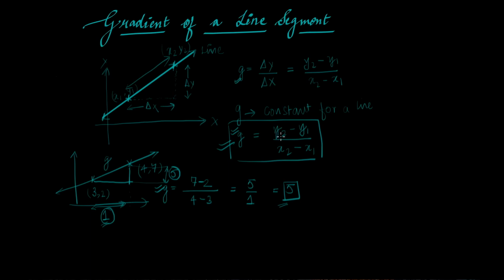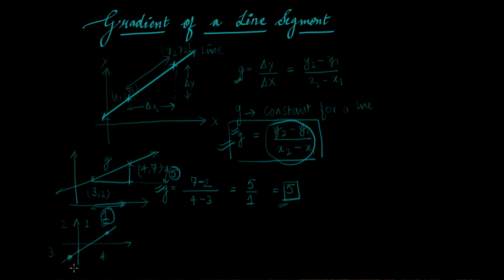Now, this formula can be applied on any 2 points on the line. Say, if we have a point here in the third quadrant. This is the first, this is the second, this is the third, this is the fourth quadrant of our rectilinear Cartesian 2D plane.